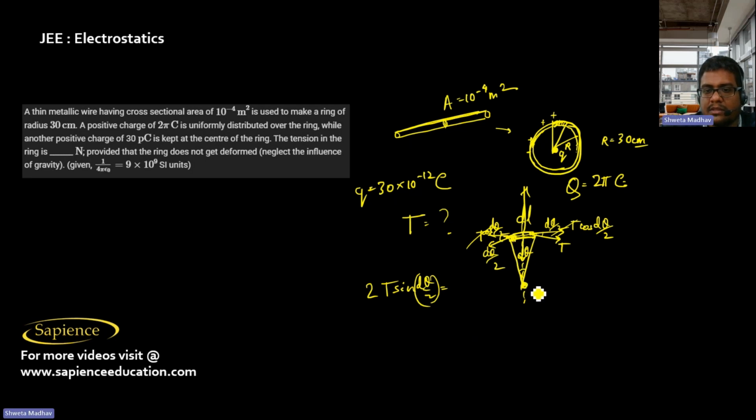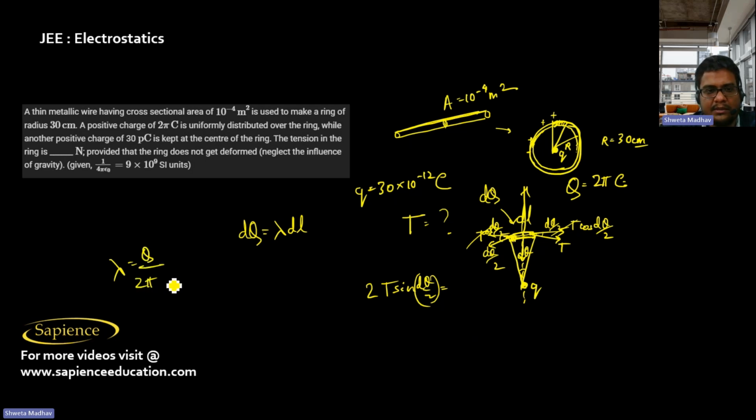So here at the center charge Q is placed, and here the net charge dq is equal to lambda times dl.